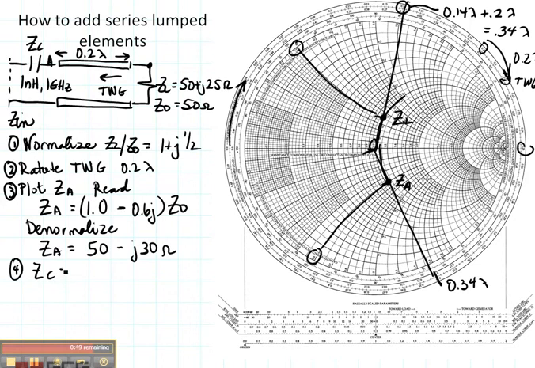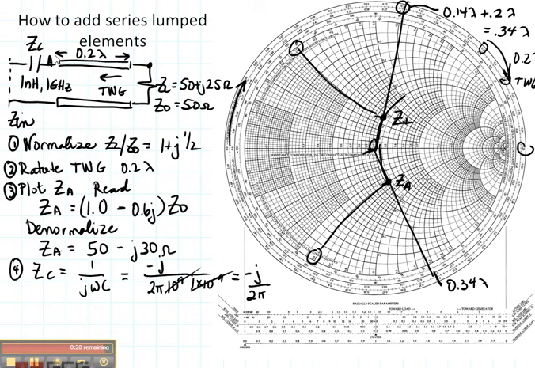So Z for the capacitor is going to be 1 over j omega C. So it's going to be 1 over 2 pi times 10 to the 9th, that's my gigahertz, times 1 nanofarad, which is 1 times 10 to the minus 9. My 10 to the 9 and my 10 to the minus 9 are going to cancel out. So I end up with 1 over 2 pi, and the j is negative, so it's negative j over 2 pi.